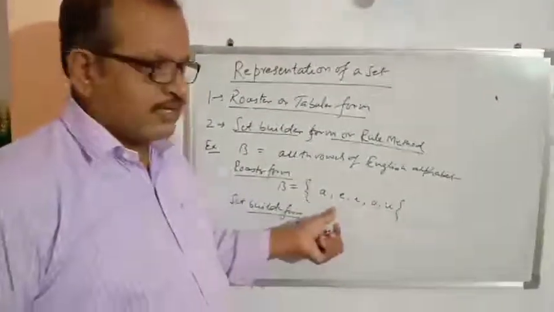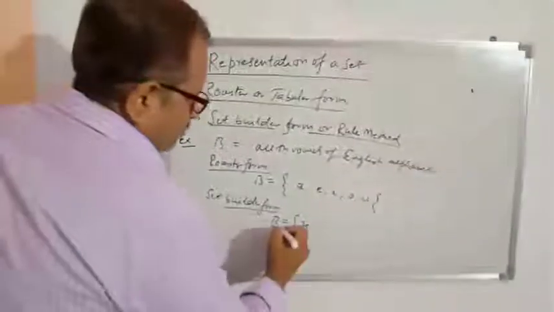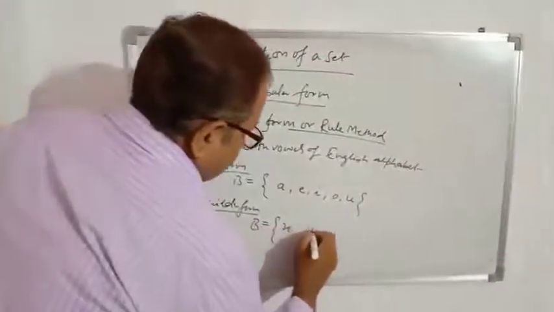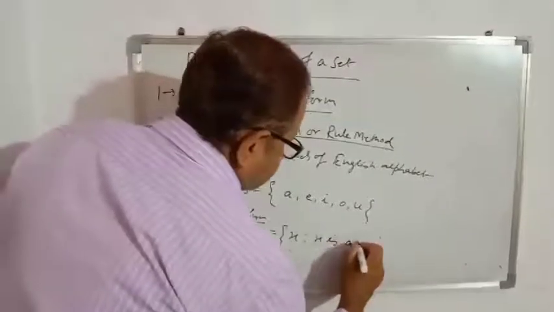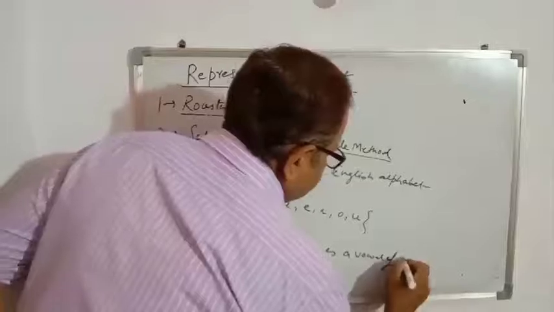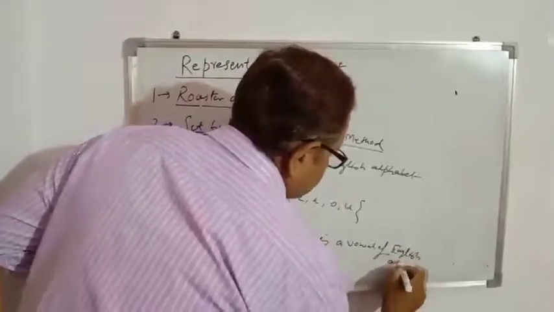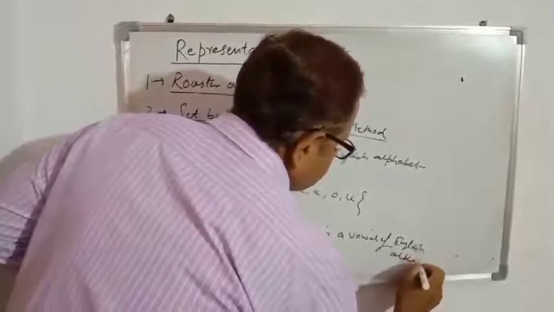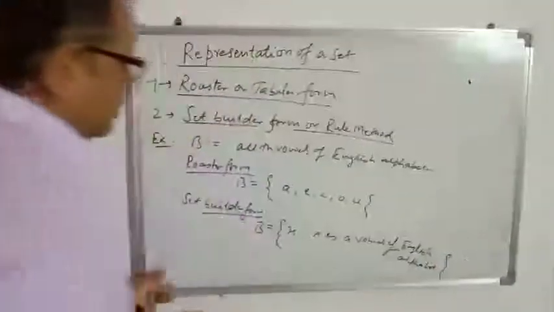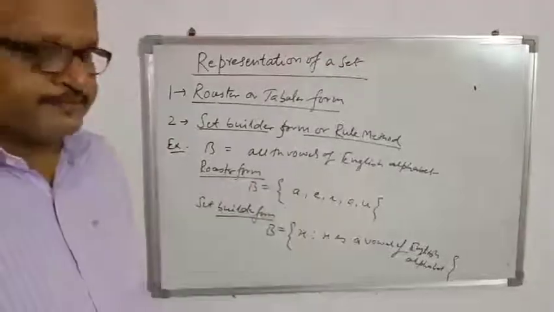All these letters are vowels of English alphabet. So we have to use the variable x and write here x is a vowel of English alphabet. So this is set builder form, this one is roster form.